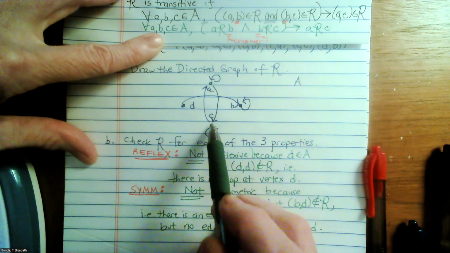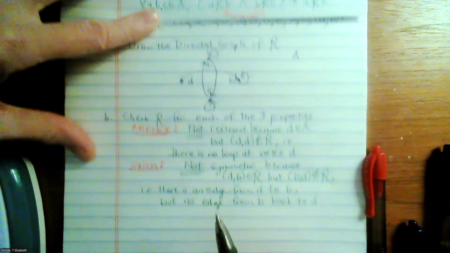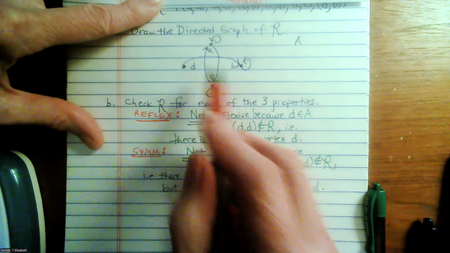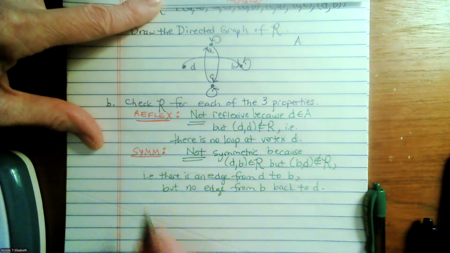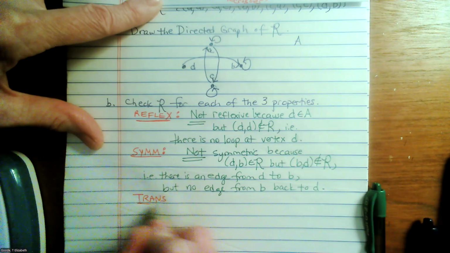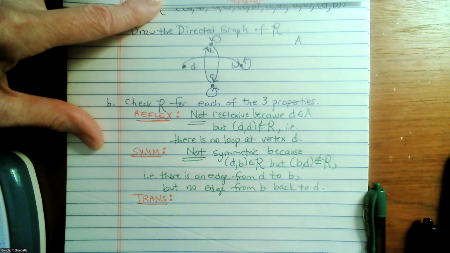AA, BB, and CC never make transitivity fail. We only have to check edges that go between two different vertices. In other words, we only have to check the ordered pairs that have different coordinates.